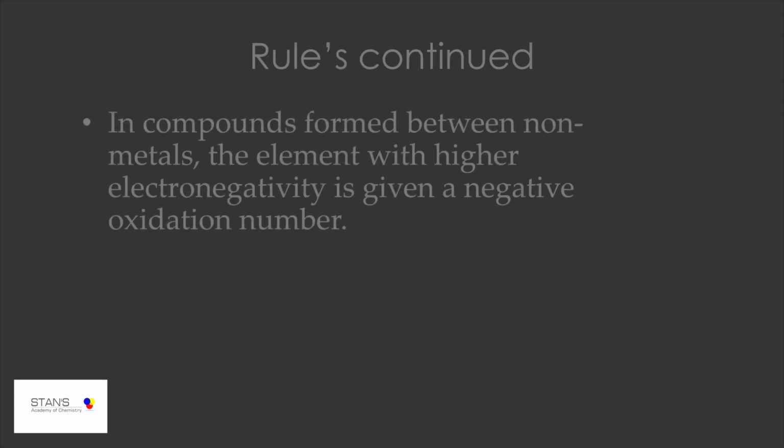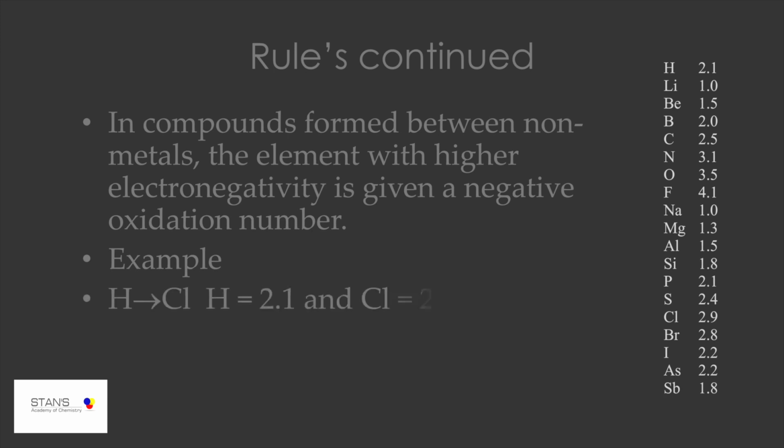In compounds formed between nonmetals, the element with higher electronegativity is given a negative oxidation number. We are looking at polar covalent bonds or molecules with polar covalent bonds. For example, if you look at the formation of hydrogen chloride, HCl, chlorine is more electronegative.